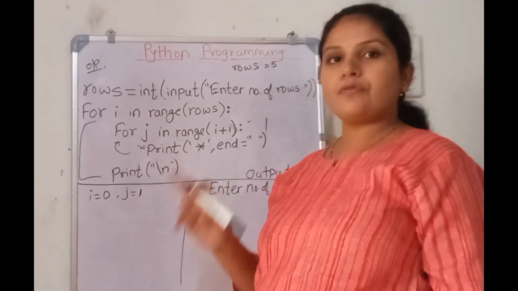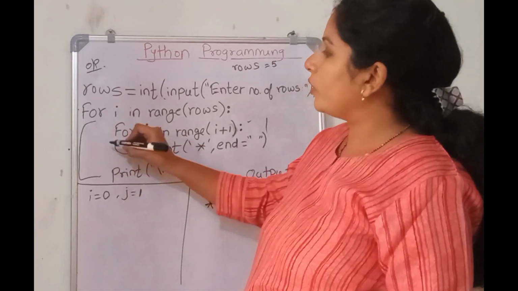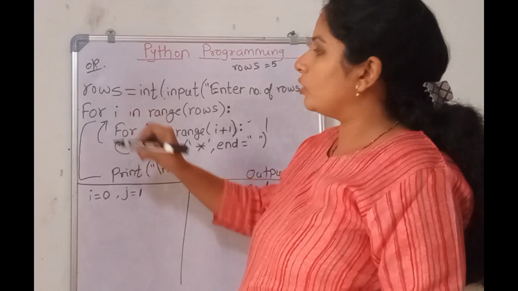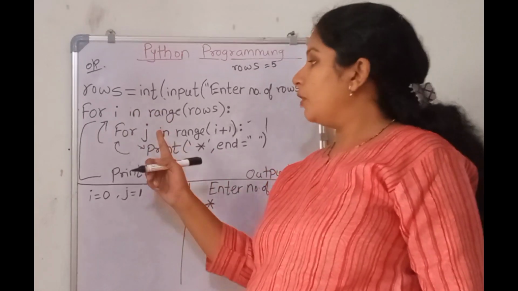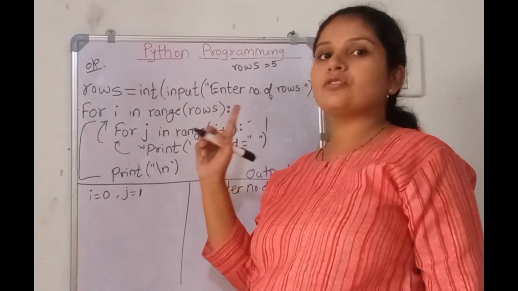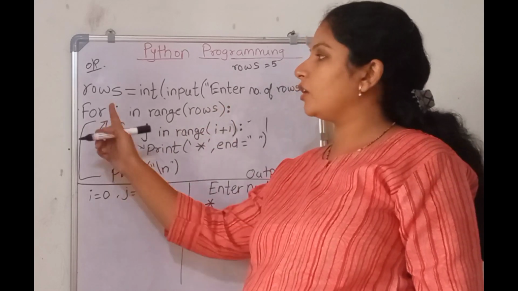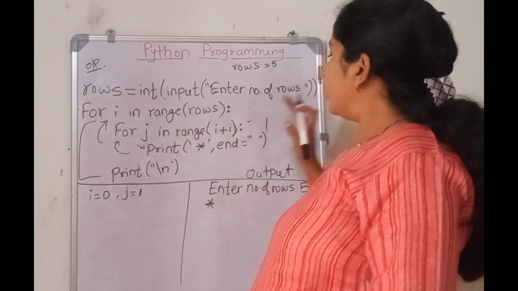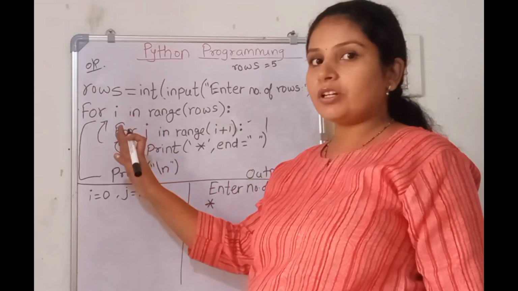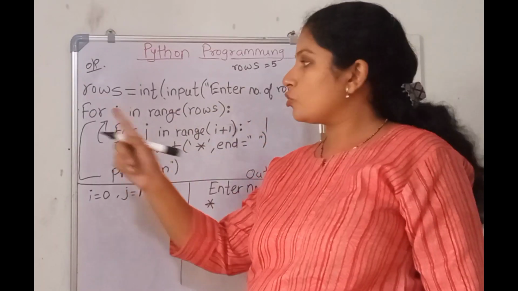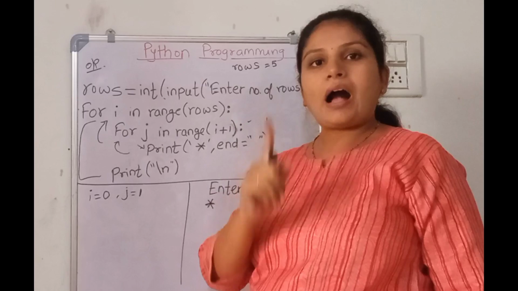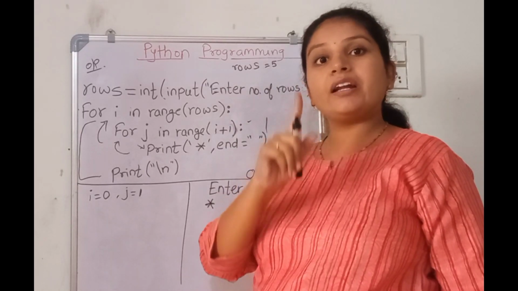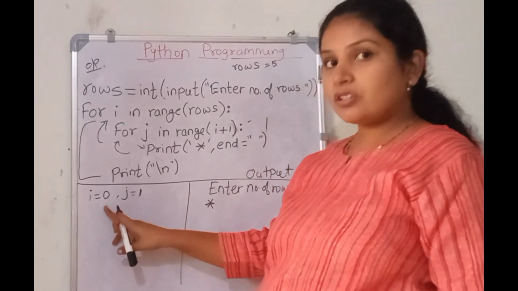Your condition is false. Then we are going to the outer for loop, which is i. Why? Because your j condition is not satisfied. Then only we are going for the outer for loop, right? After going to the outer for loop, you are going to the ith for loop. So i value will be incremented by 1. I was 0 initially.